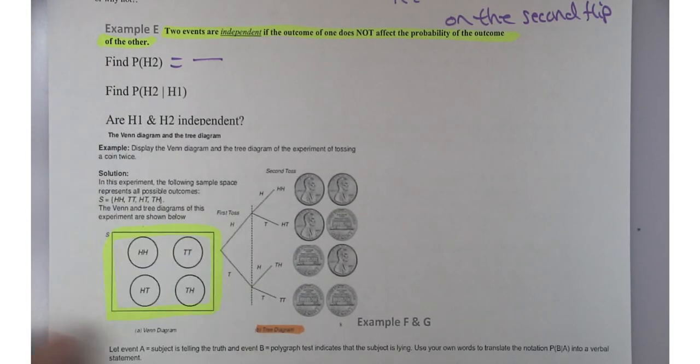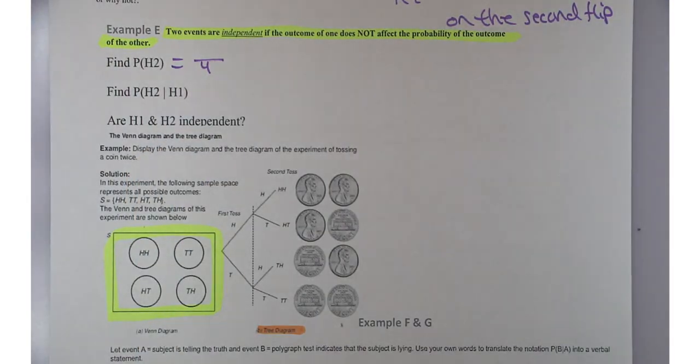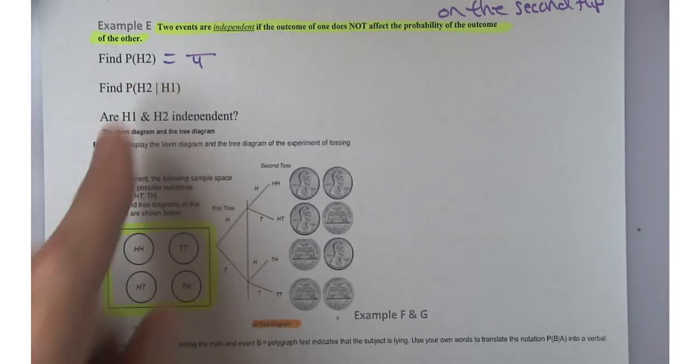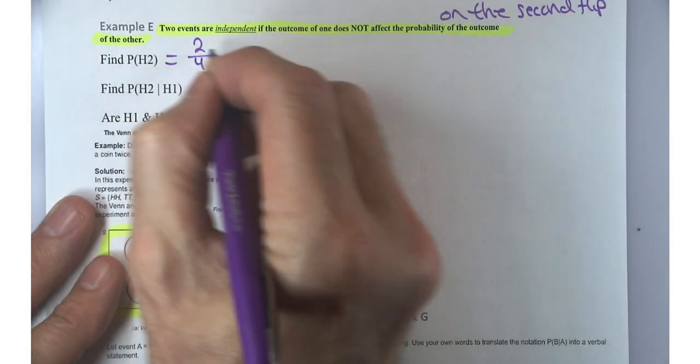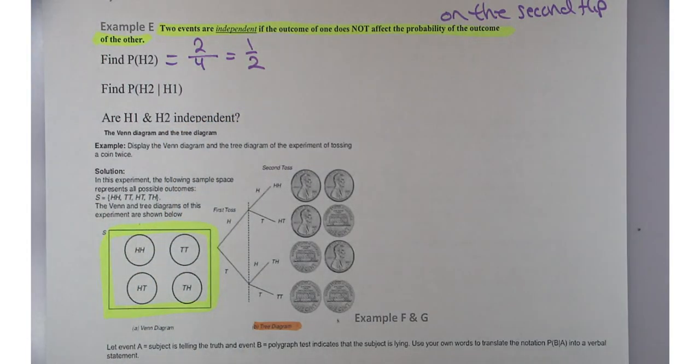How many diagrammed here? 4. 4. All right, there's 4 diagrammed. How many result in a heads on the second flip, H2? 2. So overall, your probability of getting a head on the second flip is 1/2.